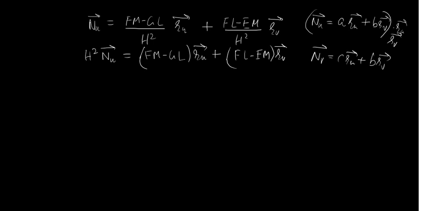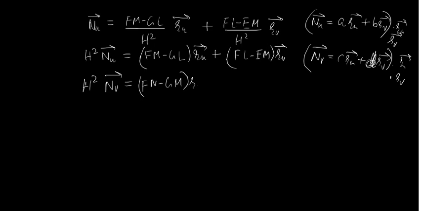I take its dot product with r sub u, and then with r sub v, then I solve those two equations, and from which I will get an equation of this type: h square n sub v is equal to fn minus gm times r sub u plus fm minus en times r sub v, where e, f, g, l, m, n are our first and second order fundamental magnitudes.